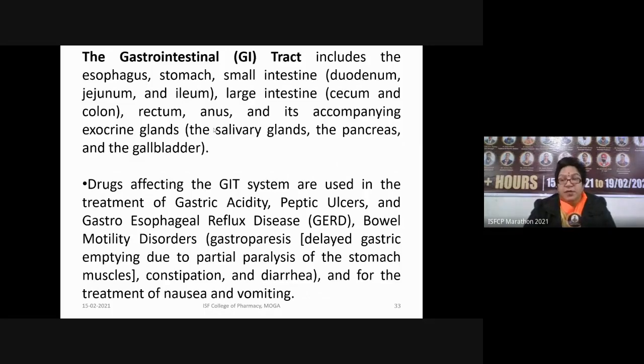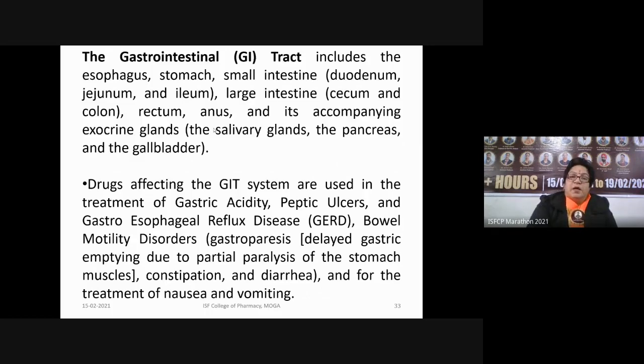Because if the muscles of the stomach are not properly working, or they are paralyzed due to one reason or the other, then the motility of the bowel will not be proper, which can lead to constipation or diarrhea, and for the treatment of nausea and vomiting.